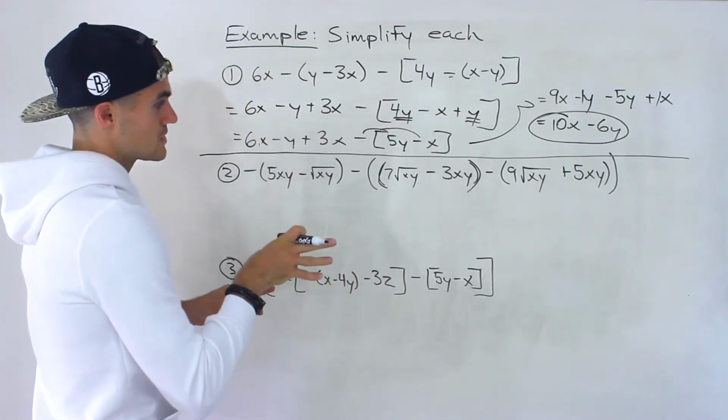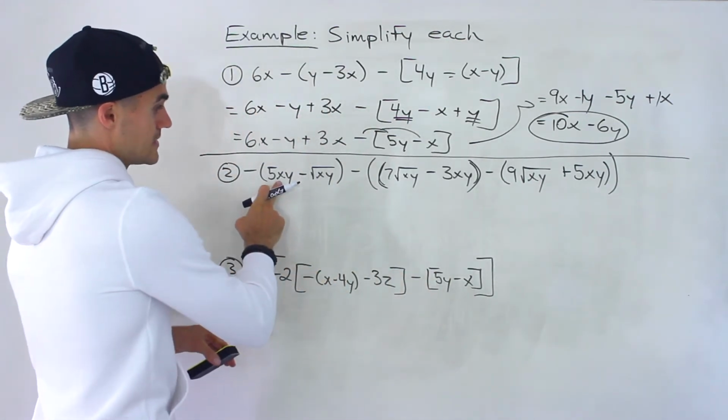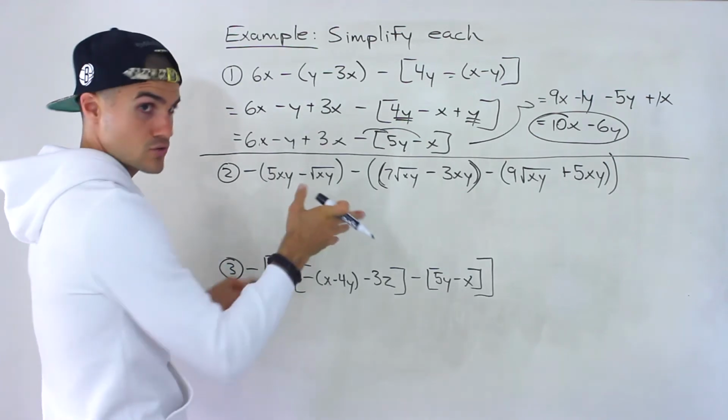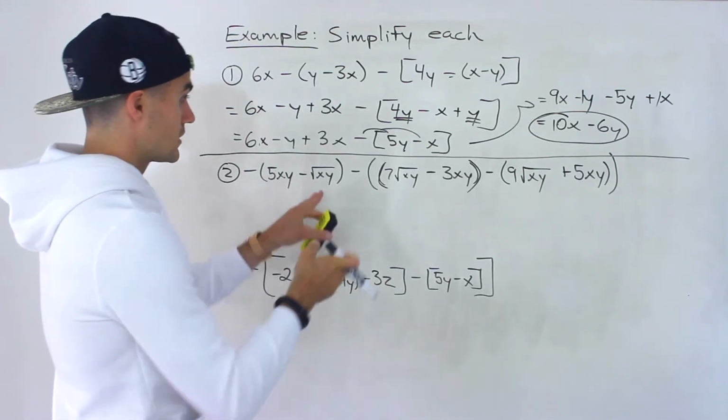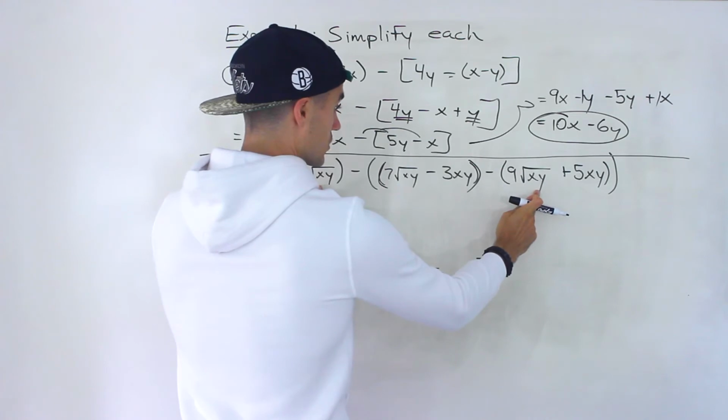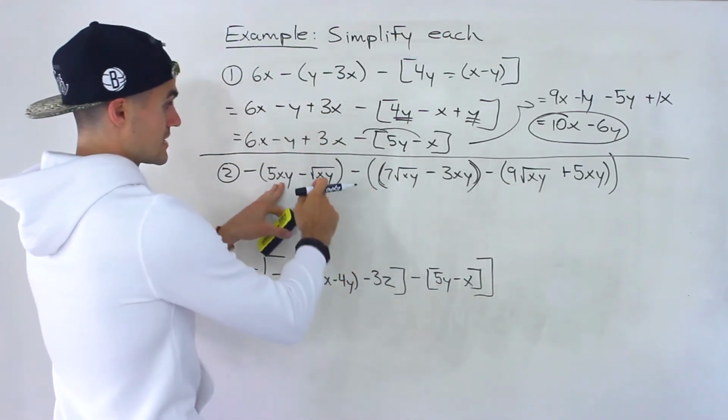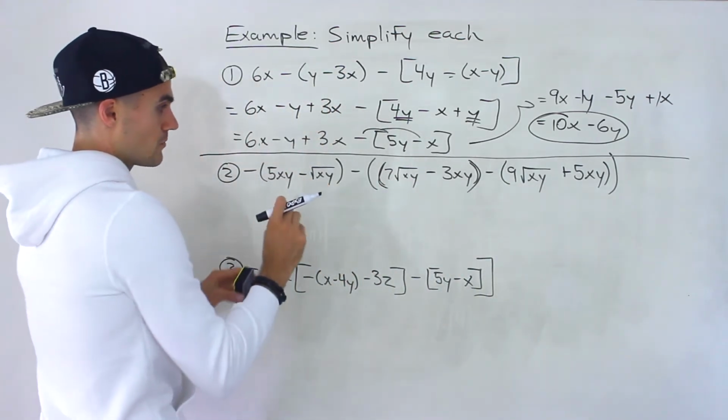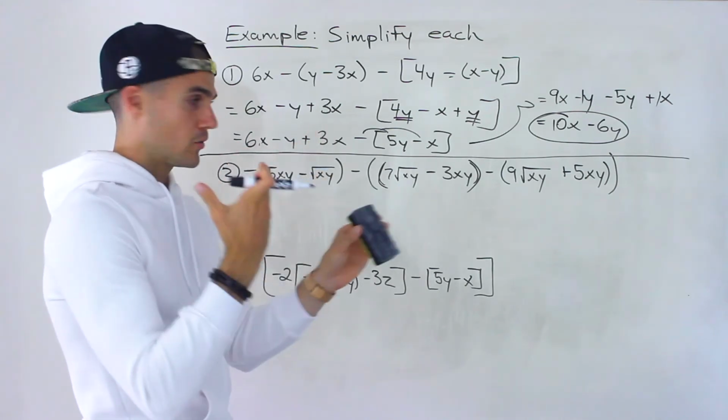Before getting into this, first thing I want to mention is that this xy and this square root of xy, those are not like terms, right? The square roots are like terms, but this and this are not like terms because if you remember, for them to be like terms, the exponents have to be the same.